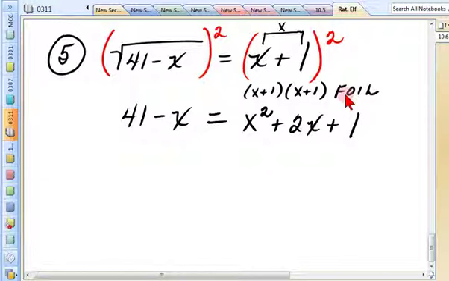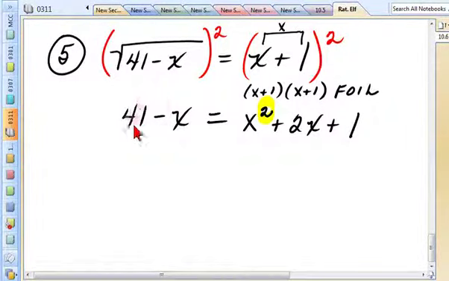Is this a linear equation? This is quadratic. Oh, it went back blue, it got mad at me. This is quadratic. And what format do we have to get quadratic equations in? Equals 0. Okay, so I need to do two things.